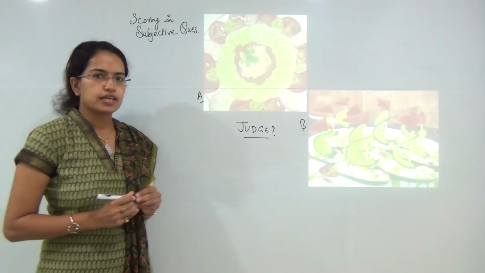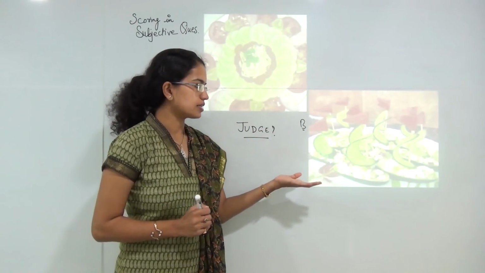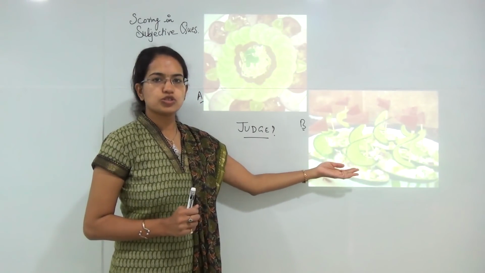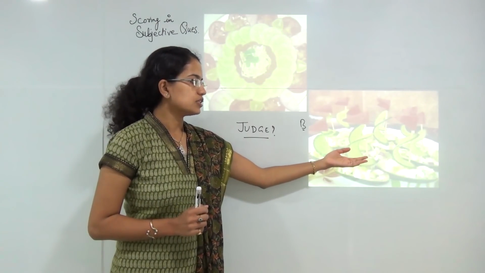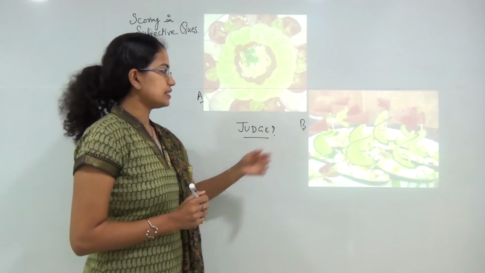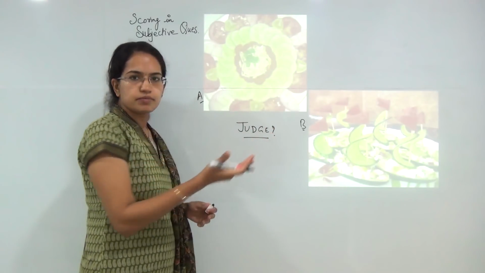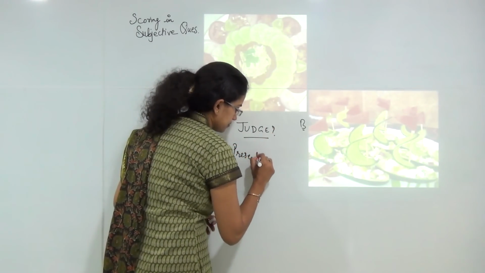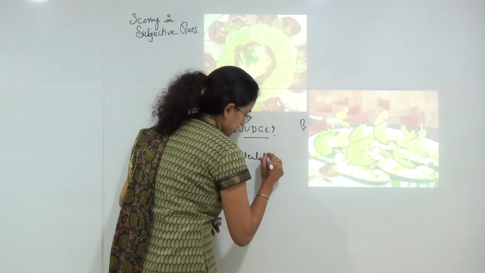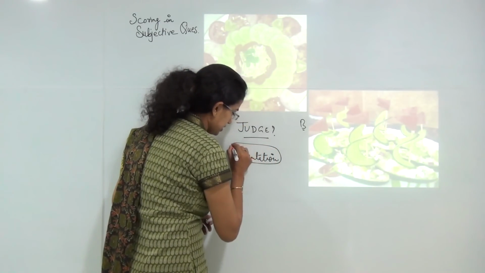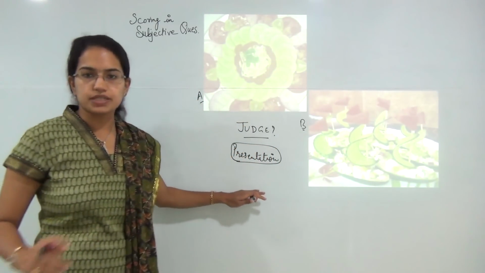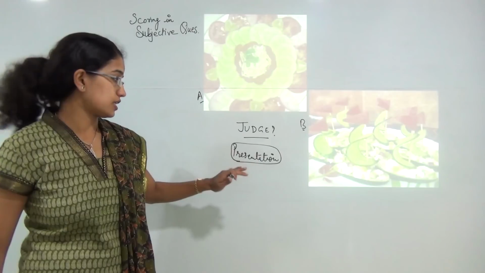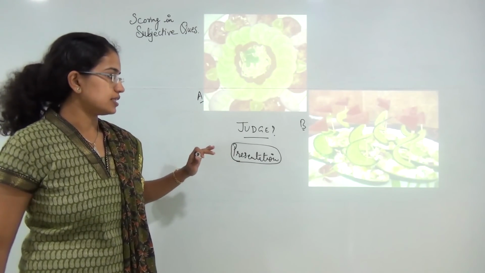Whom would you give more marks? I assume most of you would answer student D. The only reason being, the ingredients remain the same, but the presentation differs. So the story starts with presentation and ends with presentation as far as subjective questions are concerned.